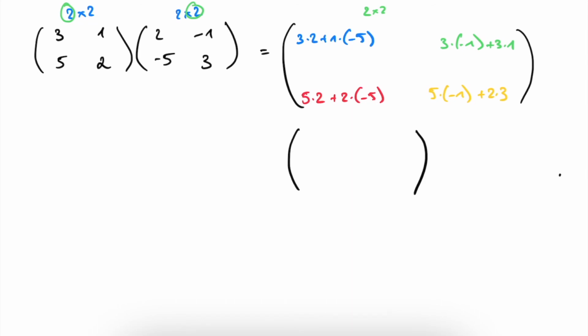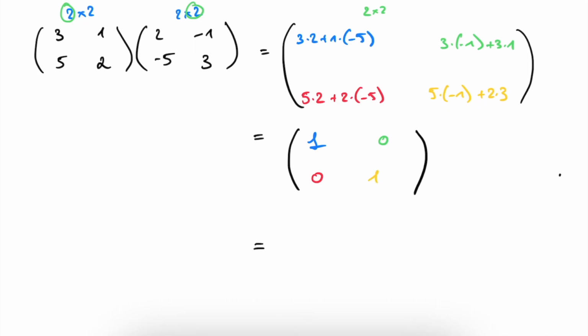And we actually get a very interesting result here, because we get 6 minus 5, which is 1. Here we get 3 minus 3, which is 0. For this element, we get 10 minus 10, which is 0. And for the last element, we get minus 5 plus 6, which is 1.